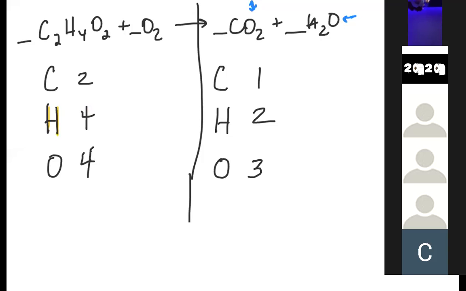Sam, carbons, are they equal? No. Hydrogens, are they equal? No. How about oxygens? No. Okay, so in this scenario, let me go to Nisi now. Nisi, of the 3 elements, which one looks like an easy fix?